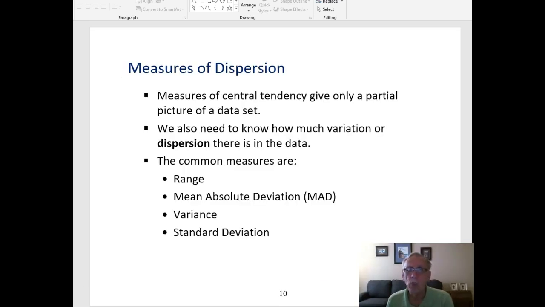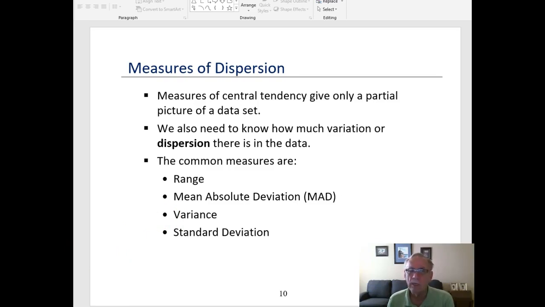Next, we're going to take a look at variation in the data set that we're looking at, and we're going to call these 4 different things. The first one we're going to look at is range, the second is mean absolute deviation, the third is variance, the fourth is standard deviation.